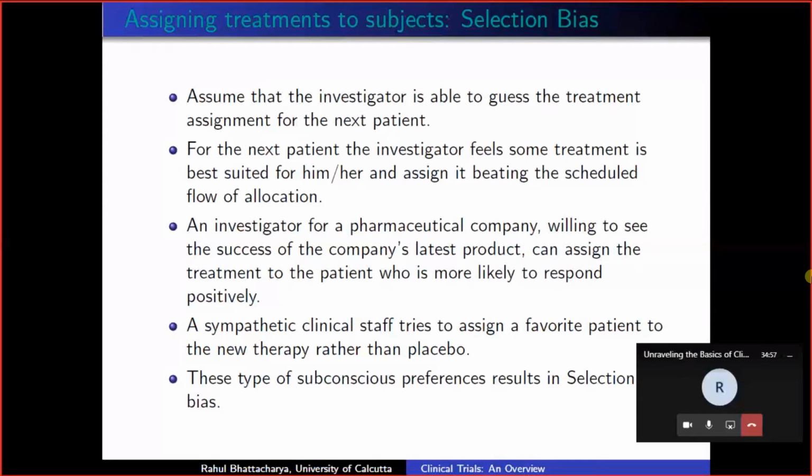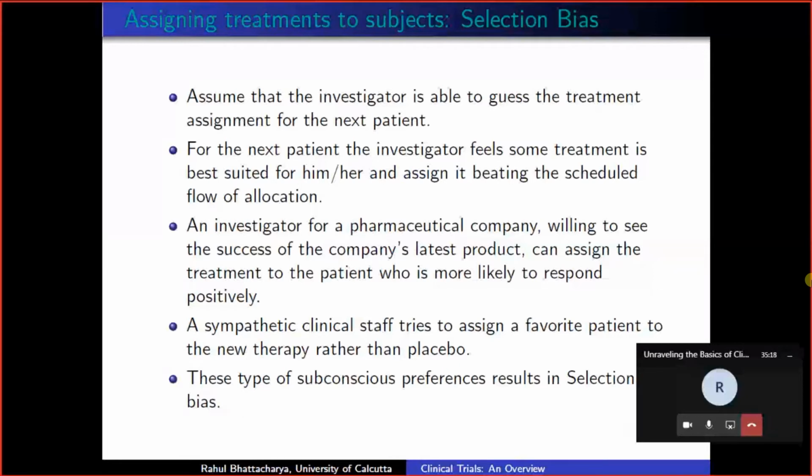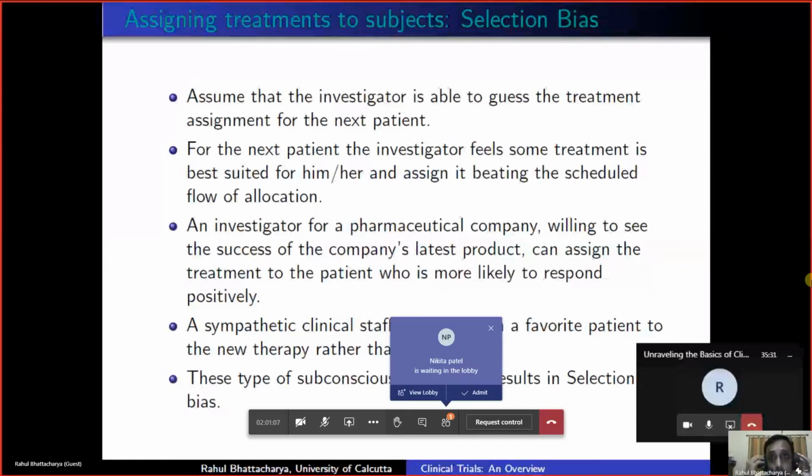It is possible. Next, suppose an investigator is working for a pharmaceutical company, and obviously he is willing to see the success of the company's latest product, so he can assign the treatment to the patient who is more likely to respond positively. So what does this mean? Since I am willing to see the success of the latest drug of my company, I need some promising outcomes. I need some promising responses.